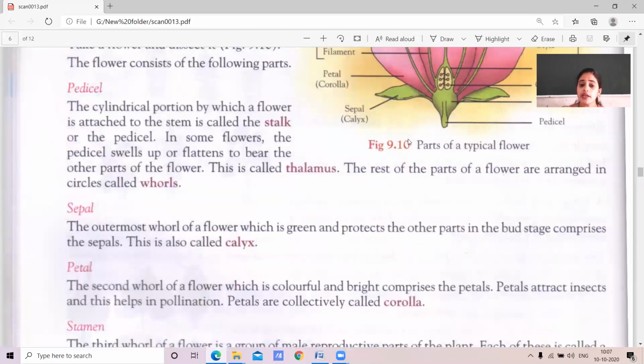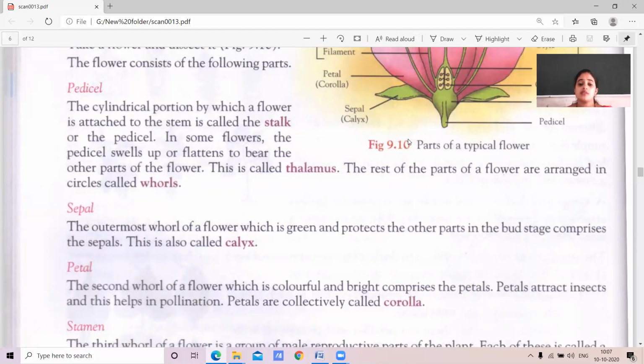This is the second whorl part of the flower, and it is very colorful and attractive. Different bright colors will come. Okay. Petals attract insects for pollination. So petals are also called corolla.